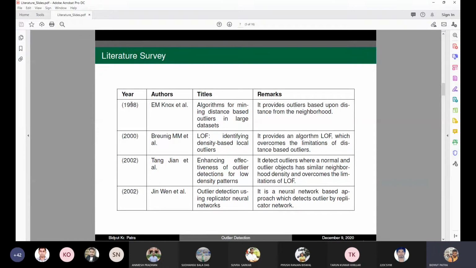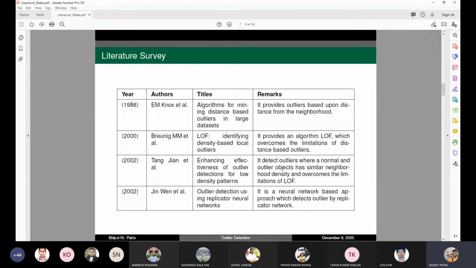Let's say 80% of the points are away from this particular point. That is the distance based outlier. And this threshold distance, how far away it should be, is decided by a threshold, and very often it is taken as the kth nearest neighbor distance.